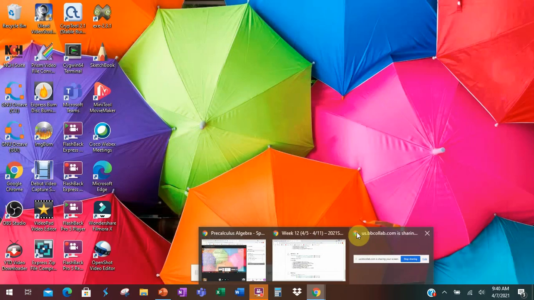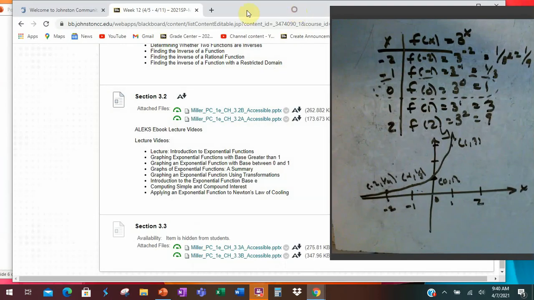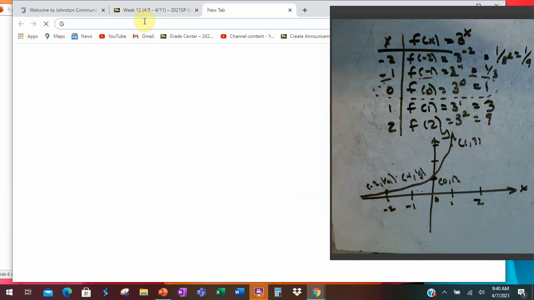Let's pull up Desmos to do a better job.